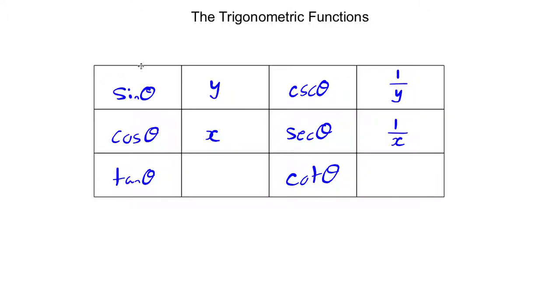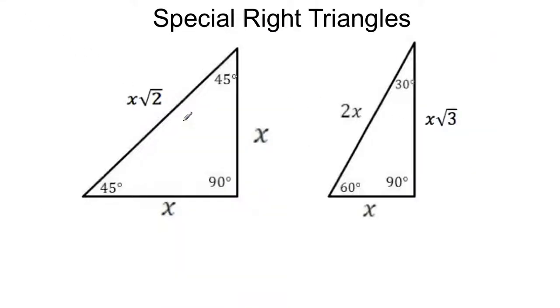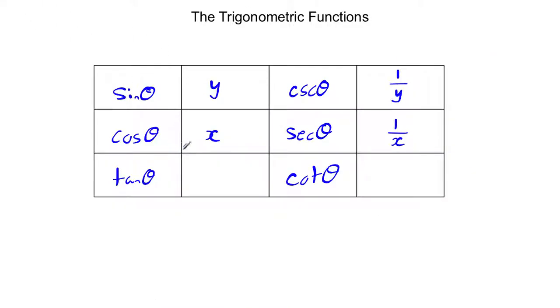So what about tangent and cotangent? Well, we could work out some nasty fractions here. Tangent would be the opposite, which would be y over 1, and then the adjacent would be x. So tangent would be y over x.